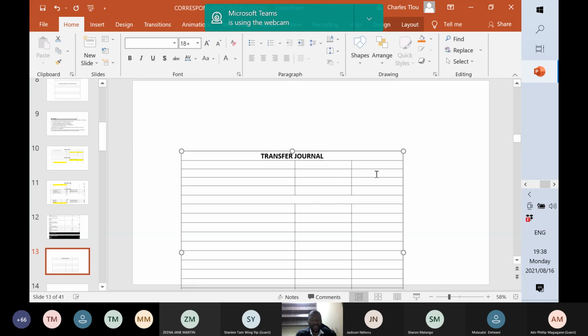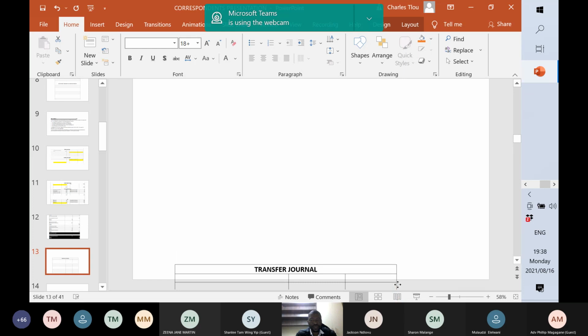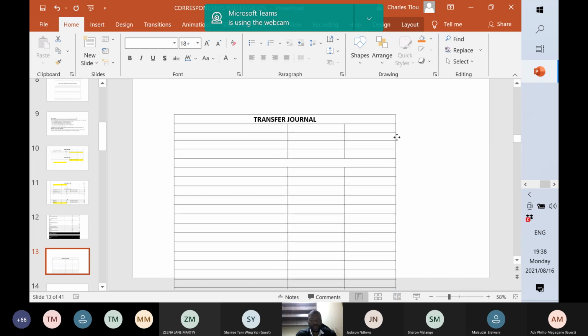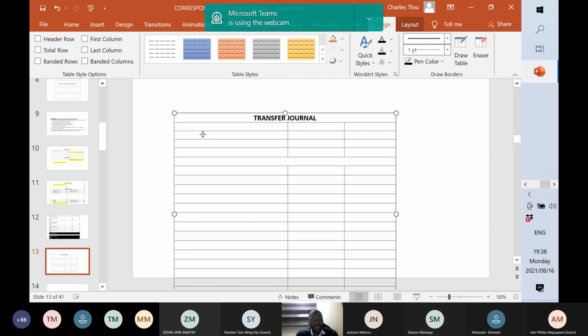Let's record a transfer journal here. In this transfer journal, you are going to debit correspondence trust.